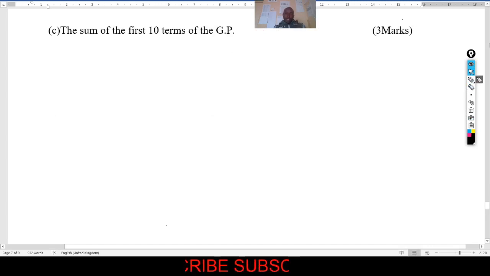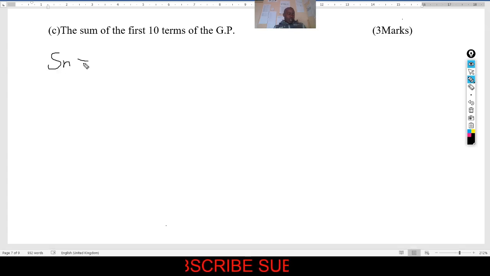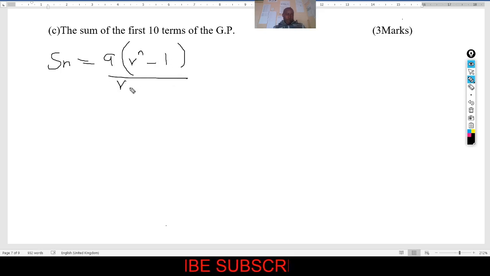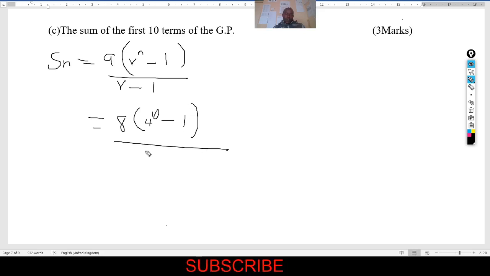Now we know that to get the sum, when the modulus is more than 1, it is A into R power n minus 1 over R minus 1. So our A is 8 into R is 4, n is 10, minus 1, over 4 minus 1.